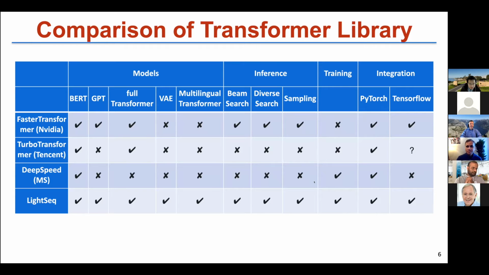DeepSpeed instead is focused on training. It doesn't really support any particular inference method. Our LightSeq, in comparison, supports all different types of models and all these various inference techniques, and supports training as well. It can integrate with PyTorch and TensorFlow as well.